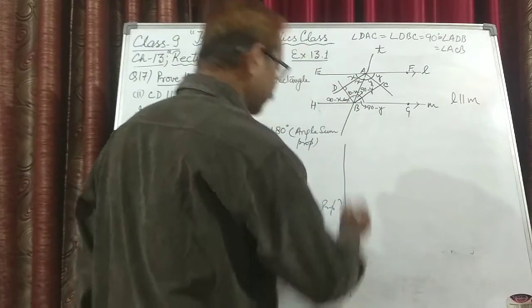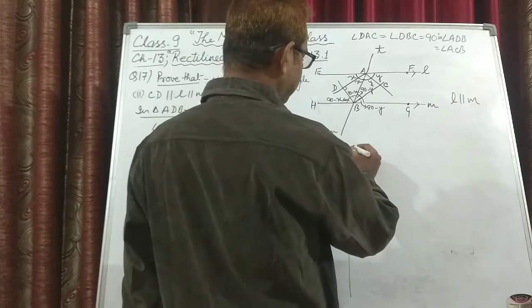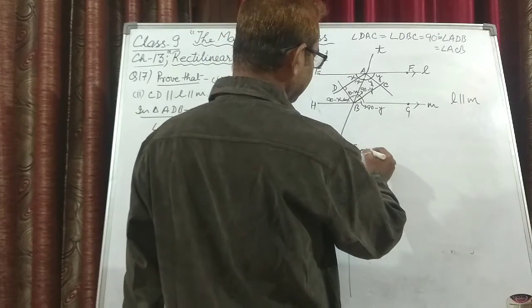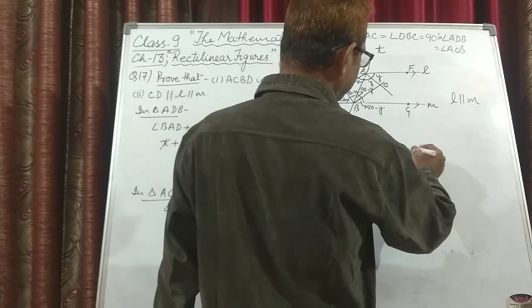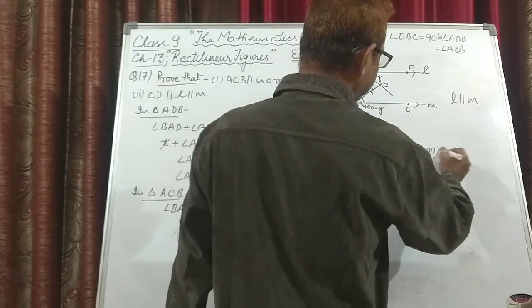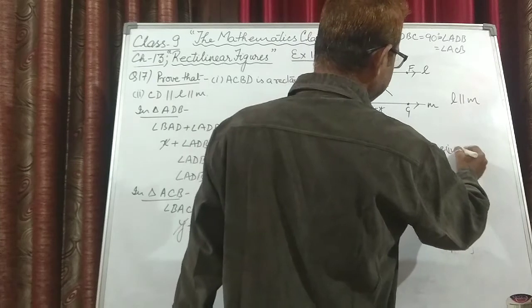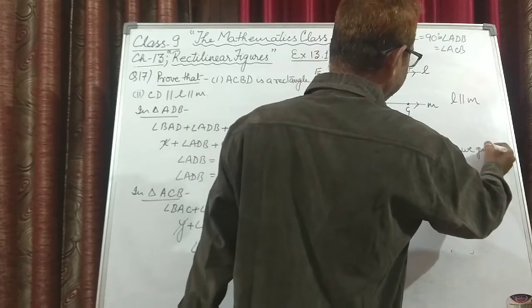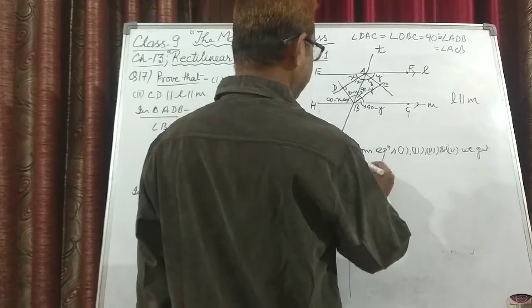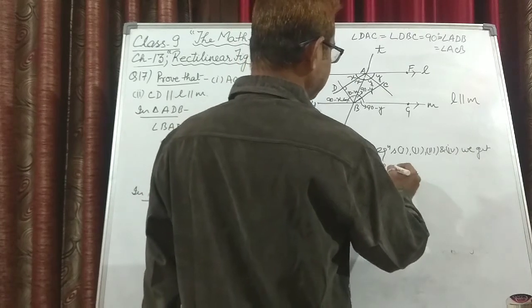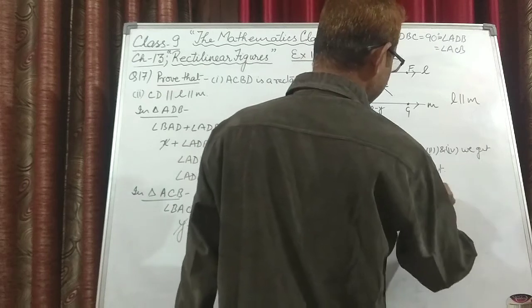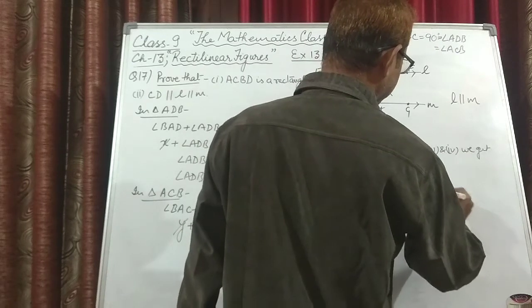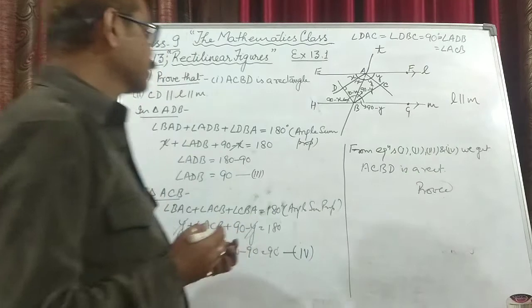So I am writing only in one statement: from equations 1, 2, 3 and 4, we get that ACBD is a rectangle. Hence proved. This was the first proof.